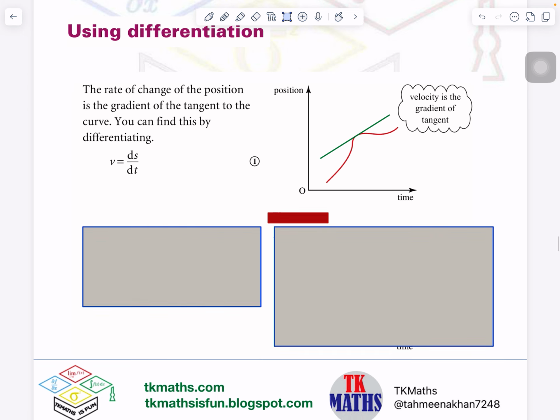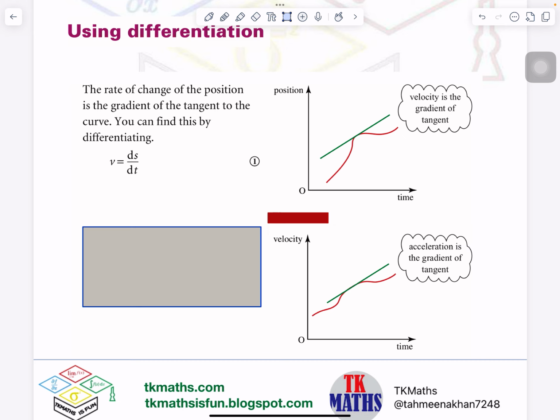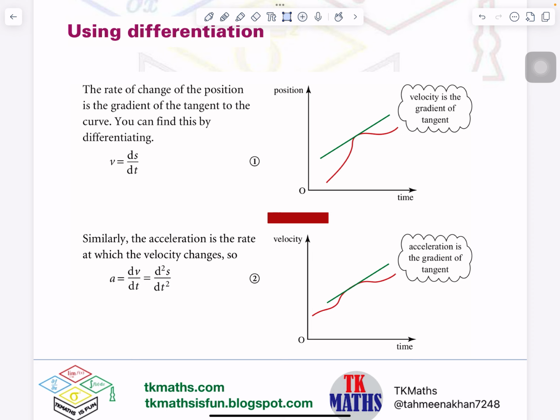I will take one example in which I will explain all this, but right now you need to understand theory also. Now you have a velocity time graph, okay? And if you take the gradient of it, what will you get? Acceleration, right? So if you have a velocity equation and you differentiate it, you get the acceleration.